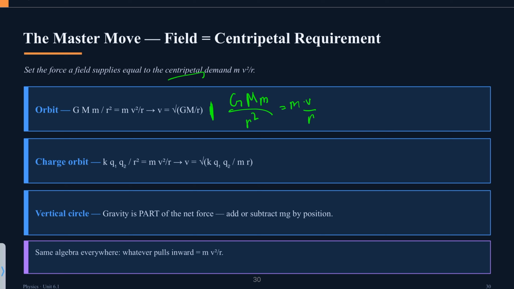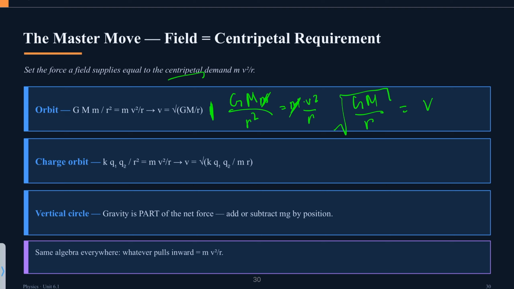So then we can solve for the velocity by dividing both sides by m first, then multiplying by r, take the square root of that, and there you go, you have your velocity. So that's just one of the ways you can solve using this equation, okay? For planetary problems and planetary motion, which also includes centripetal motion.